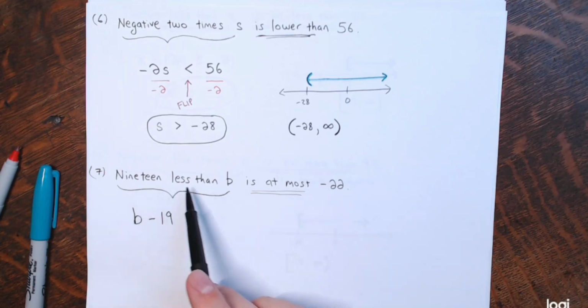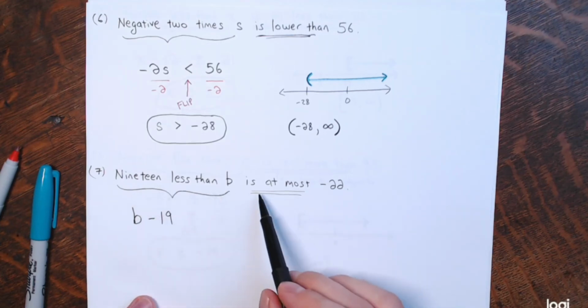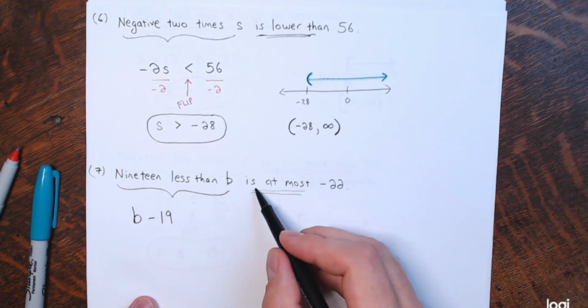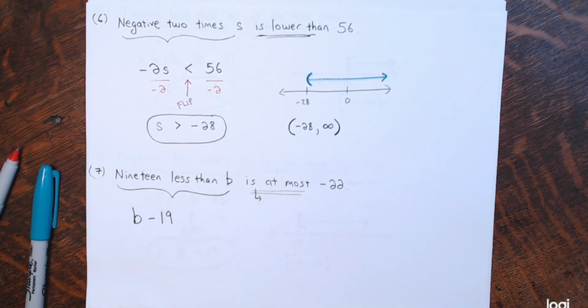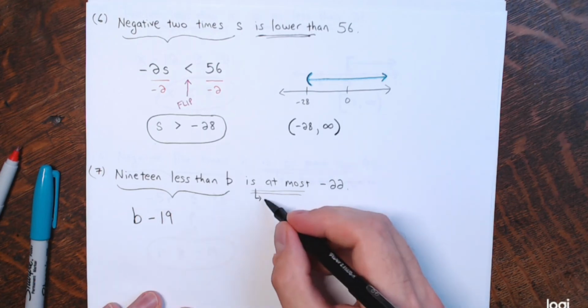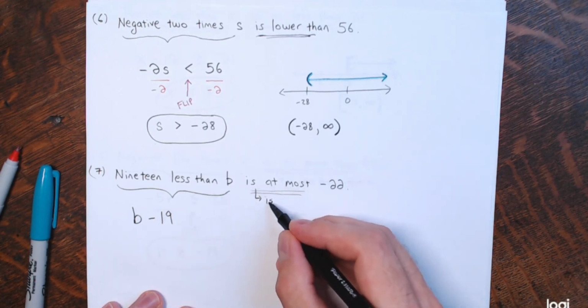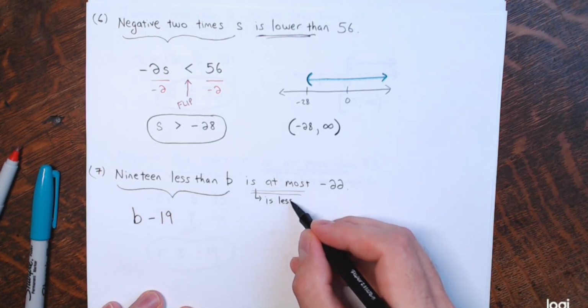So 19 less than b is b minus 19. Is at most negative 22 means that negative 22 is the largest it can be. That's the most it can be. So it's negative 22 or lower. Negative 22 or less. The "is at most" means is less than or equal to.